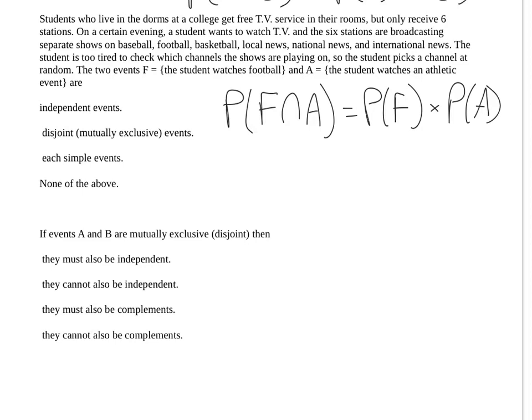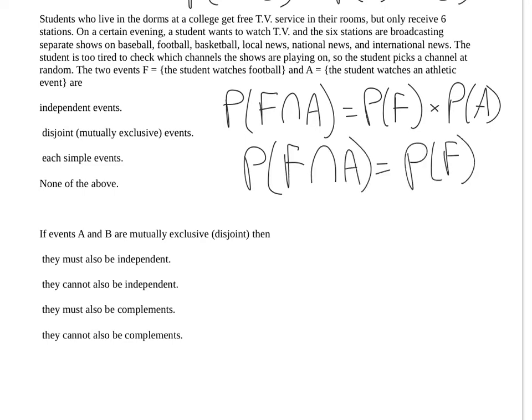Well, the probability of a person watching football and an athletic event, since football is an athletic event, it's actually included. So this is an example where the probability of watching football and an athletic event is equal to the probability of simply watching football, right? Because if you're watching football, it is an athletic event.